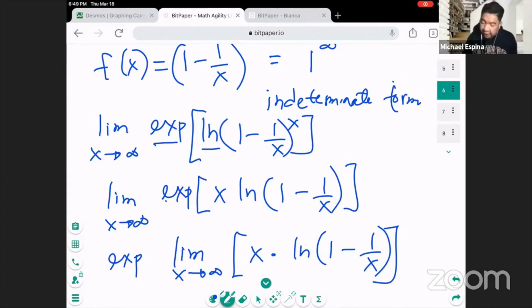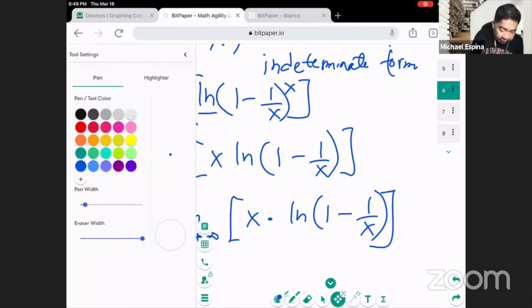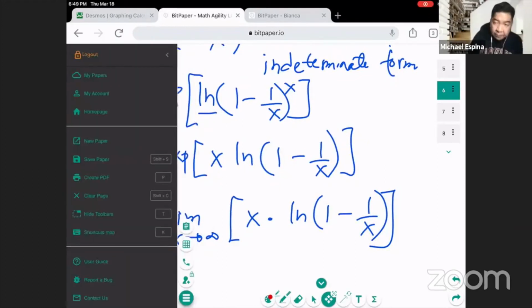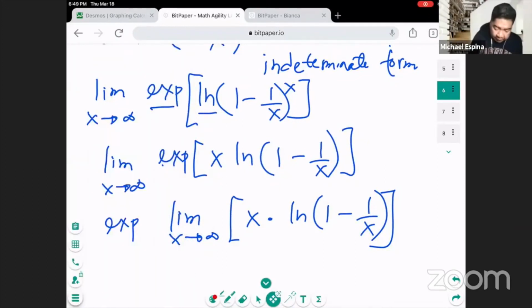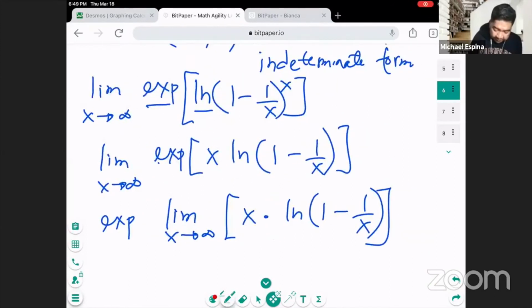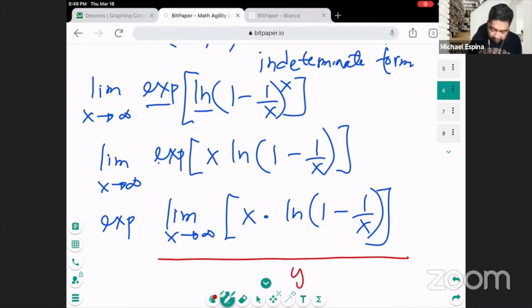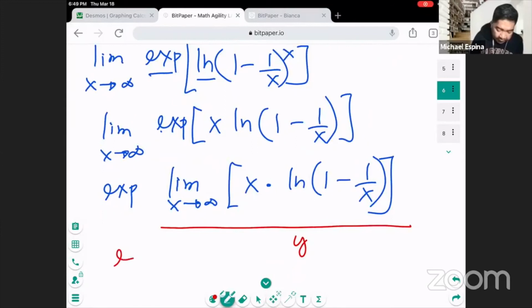We can let y equal this value of the limit. So this whole thing can be equated to y, and essentially we have exp y. Let's separate y.